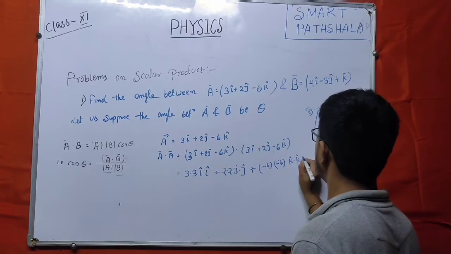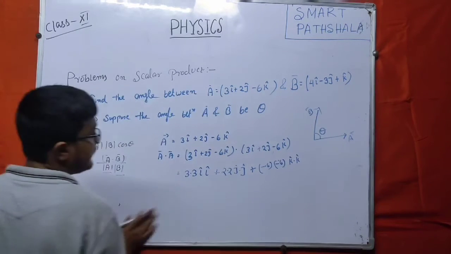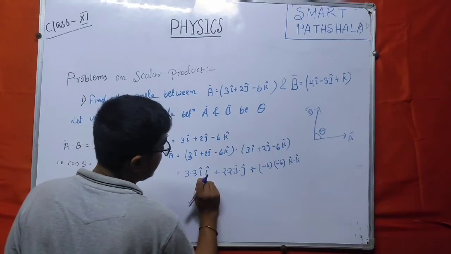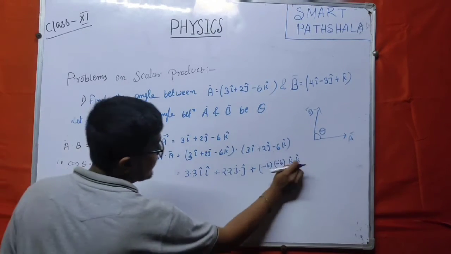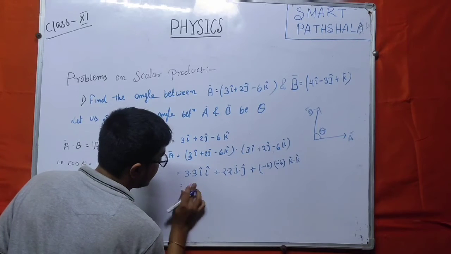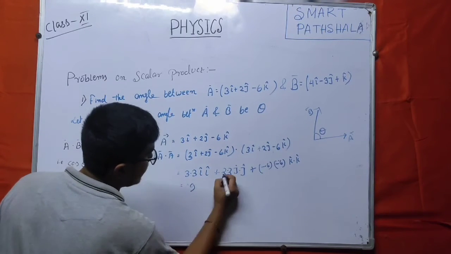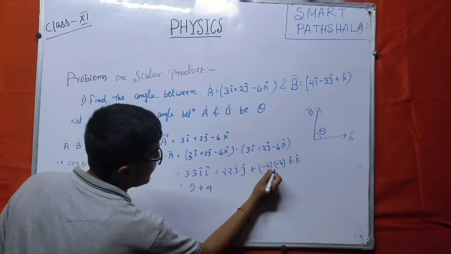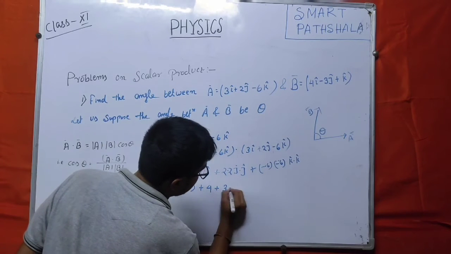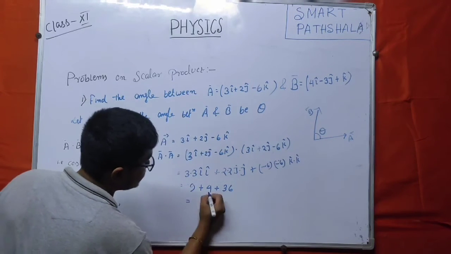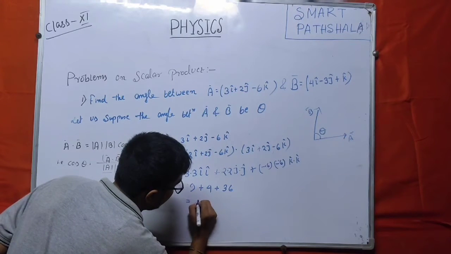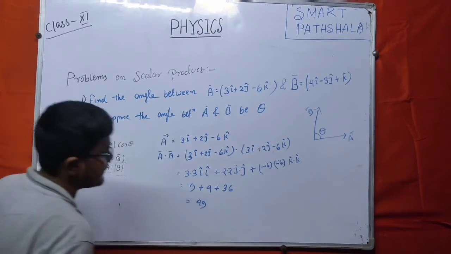k dot k. These three values will give us the product of the same unit vector as 1. That is 3 into 3, 9, plus 4, plus minus 6 into minus 6, 36, equal to 49.